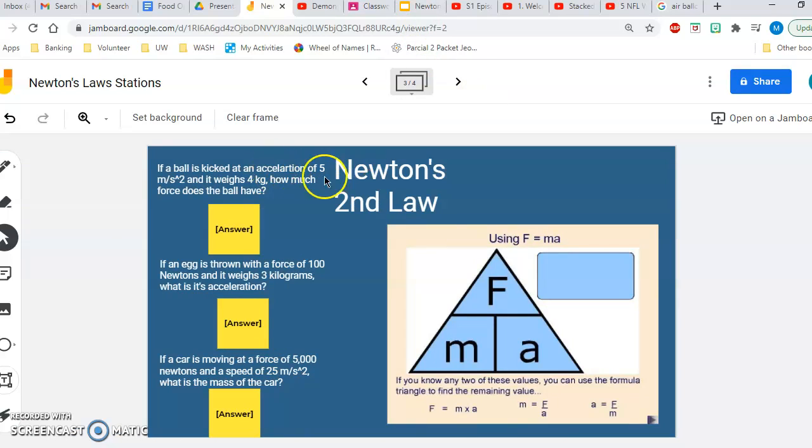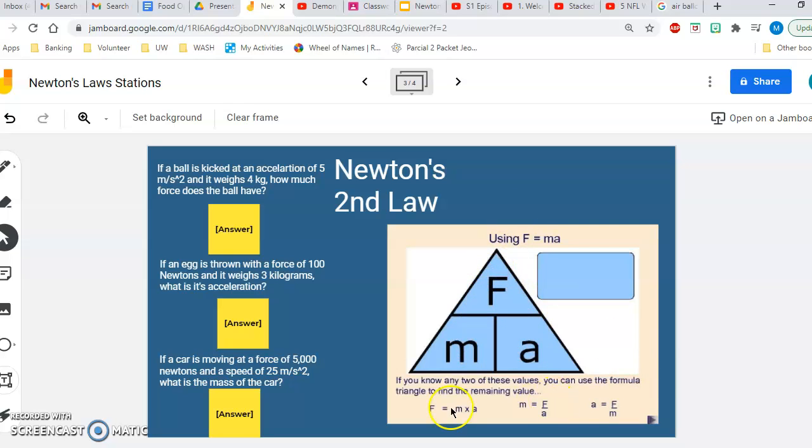For our second law, we just have some examples to go through. So this picture does a really good job of saying that our force is equal to our mass times our acceleration, or is what our second law is. If we do some rearranging, and we can use our triangle, we can say our mass is equal to our force over our acceleration, m is equal to F over a, or even that a is equal to F over m.